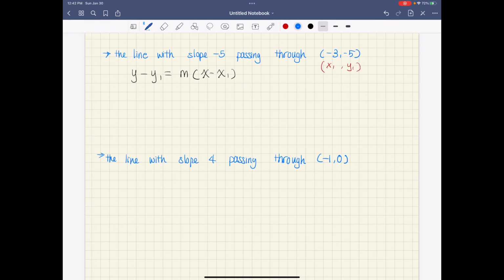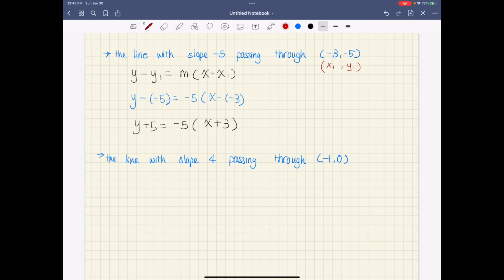So just plug in: y minus -5 is equal to slope -5 times x minus -3. If I rewrite this, negative times negative makes positive, so y plus 5 is equal to -5 times x plus 3.